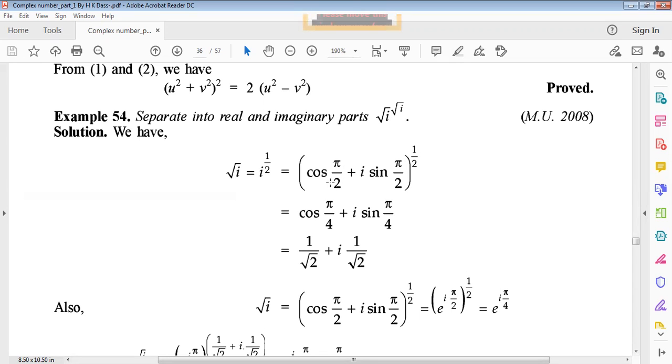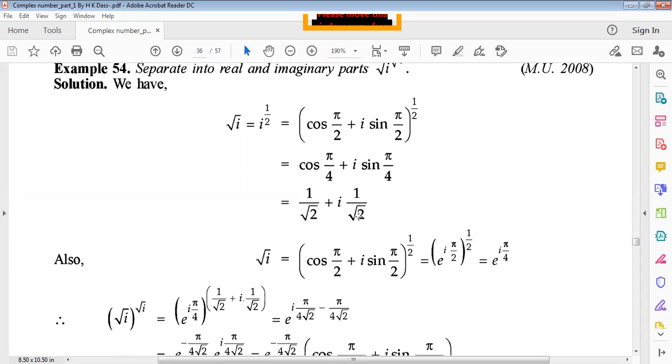By de Moivre's theorem, we can write cos of pi by 2 into half, which is pi by 4, plus i sin of pi by 2 into half, sin pi by 4. Cos pi by 4 means 1 by root 2, and sin pi by 4 also means 1 by root 2. Cos 45 degrees is 1 over root 2, and sin 45 degrees is also 1 over root 2.